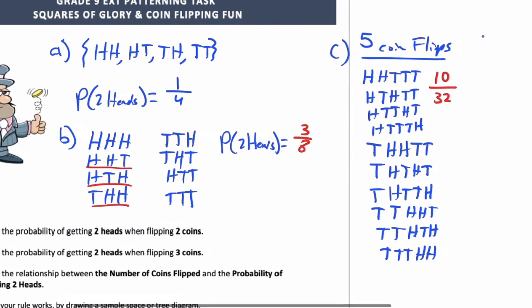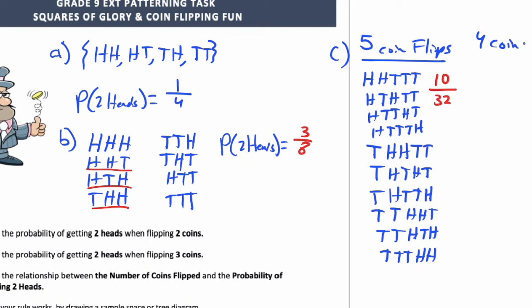So let's go ahead and do 4 coin flips, which I've totally skipped over. That's going to be heads, heads, tails, tails; heads, tails, tails, heads; and then heads, tails, heads, tails. Oops, I skipped one in the middle. That's all the possibilities starting with heads.